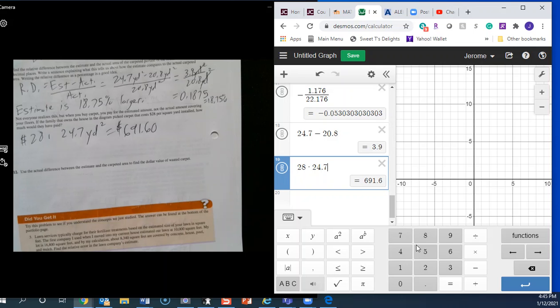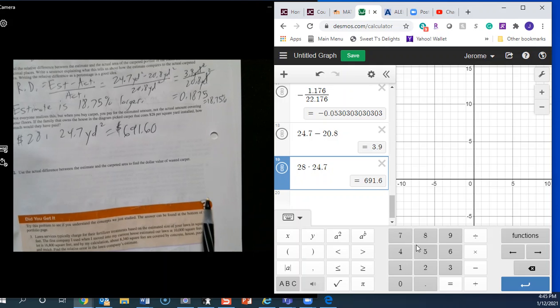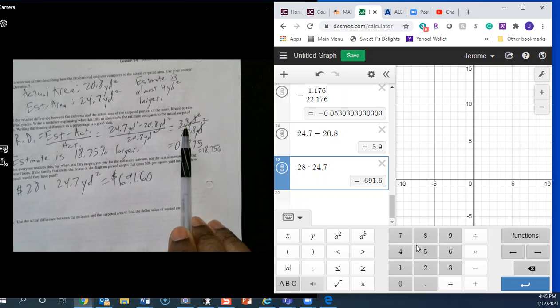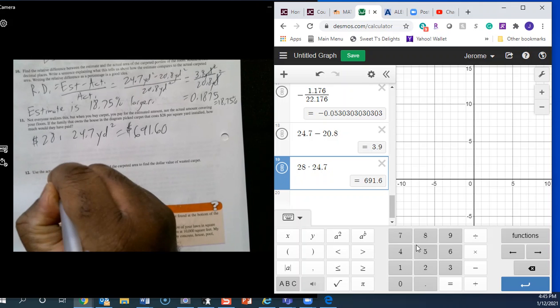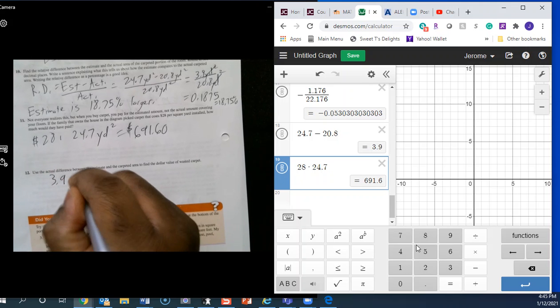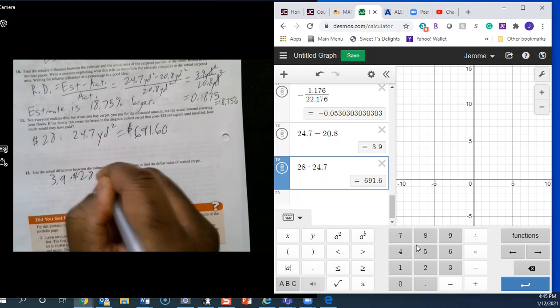Now it says use the actual difference. Now this isn't relative difference. So it says use the actual difference between the estimate and the carpeted area to find the dollar value of wasted carpet. Now we already determined that it's 3.9 square yards more than what we need. So we'll take 3.9 and multiply it by $28.